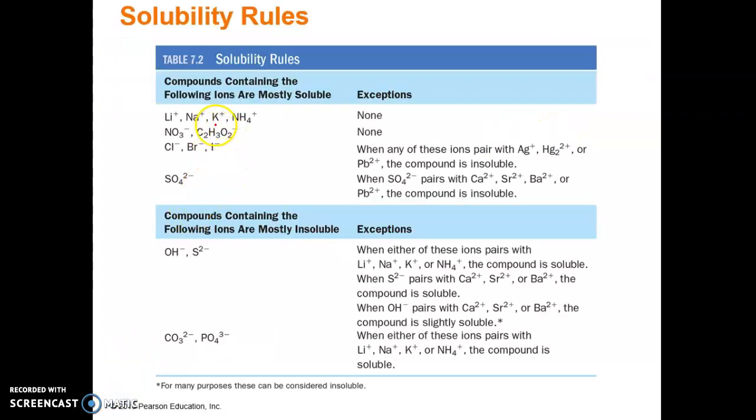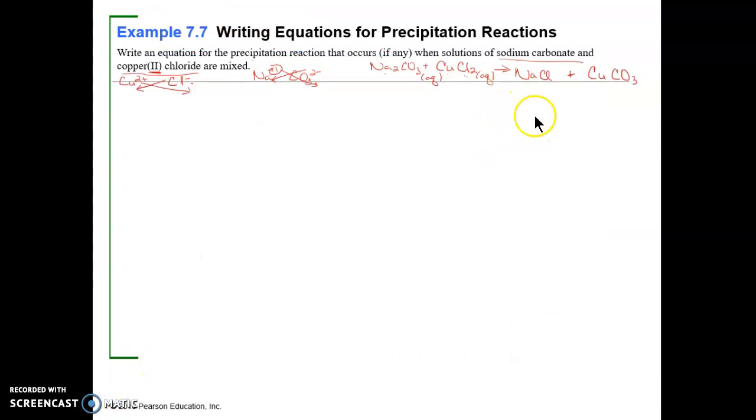All right, when you have a sodium ion, you are going to be soluble. Okay, so we know that the first one, NaCl, is soluble. So I'm going to put an AQ right here. And then let's look at the copper 2 carbonate.